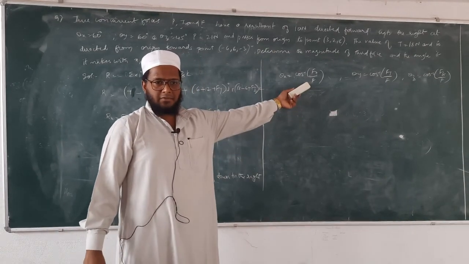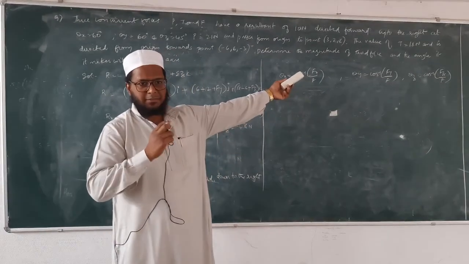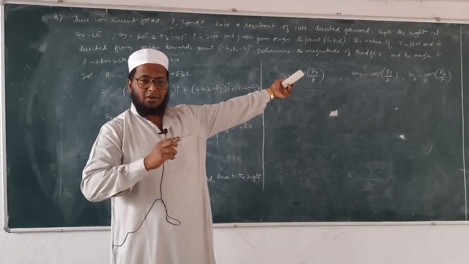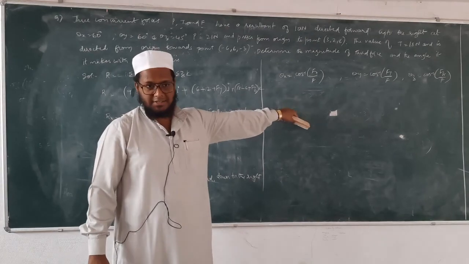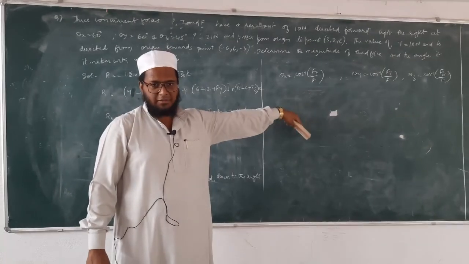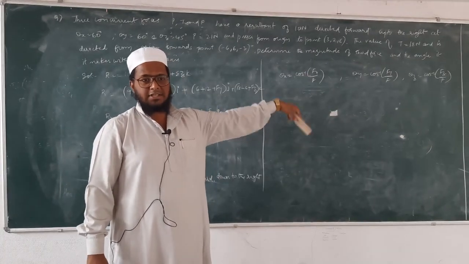In the first step itself, we have taken Rx by cos theta x is equal to Ry by cos theta y, Rz by cos theta z is equal to R, right?